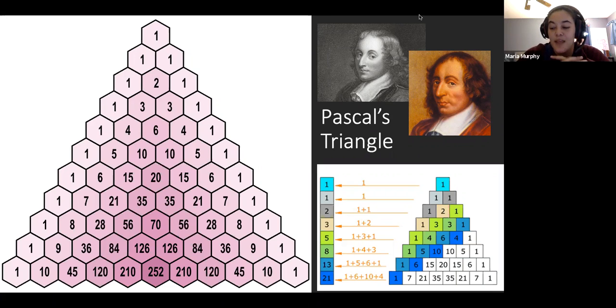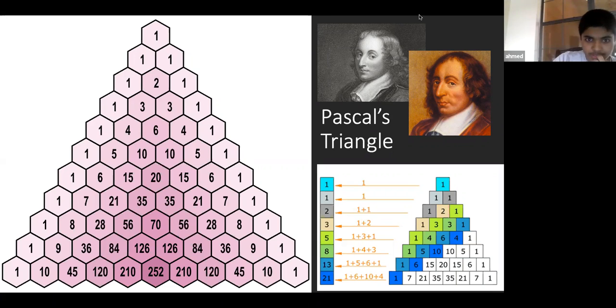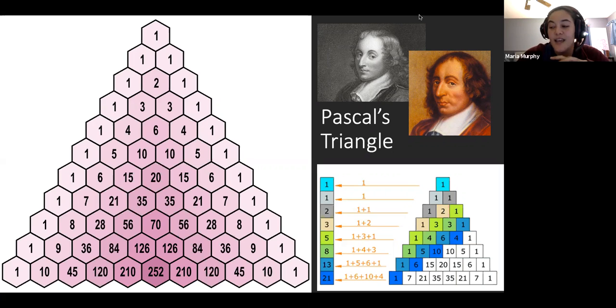Al-Karaji, it's like with a K or a KH, just think. And there's many other people that worked on this triangle, right? So different formulas have been formed, different patterns.